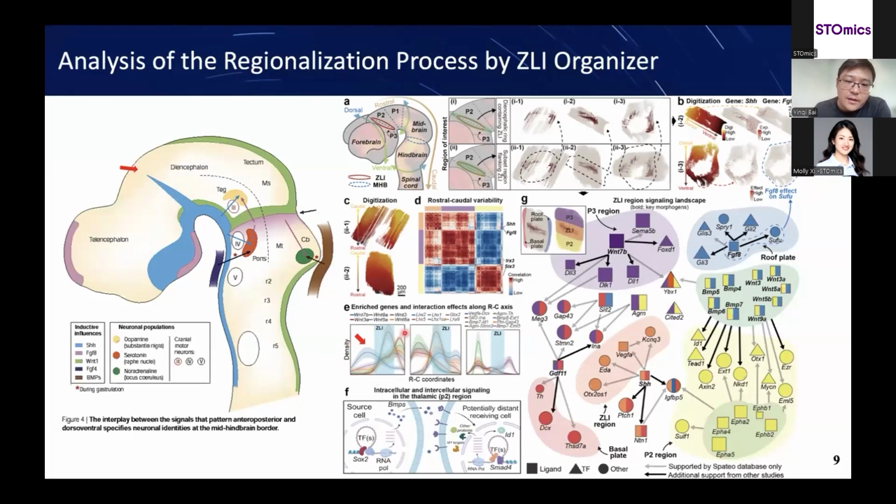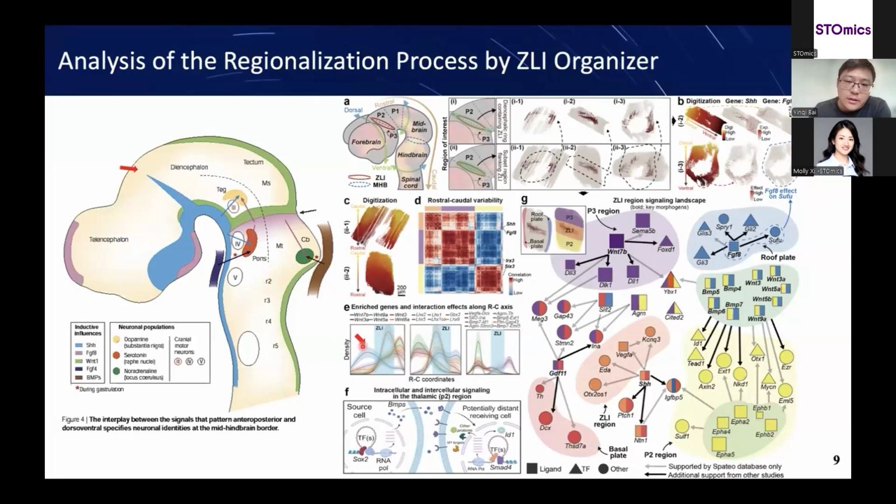So we just find one member in the Wnt family called Wnt7b. It seems to aggregate only in the P3 region, and all other members of the Wnt family are located in the ZLI region here or in the P2 region.